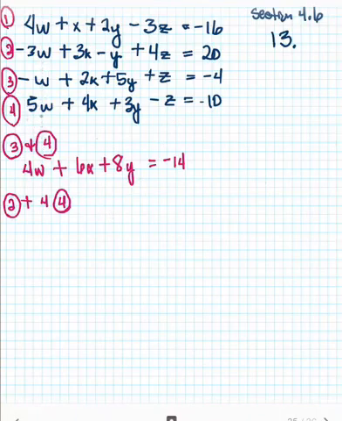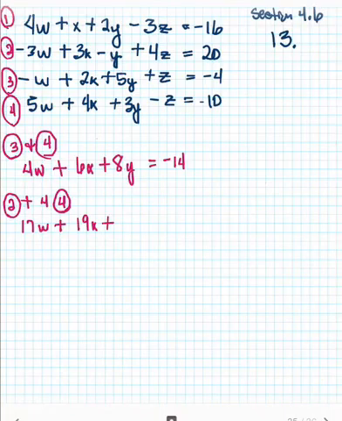So to get 2 plus 4 times 4, I'm going to take negative 3 plus 4 times 5, which is 20. So negative 3 plus 20, and I'm going to get 17w, plus 3 plus 4 times 4, which is 16, I get 19. So that's going to be 19x.